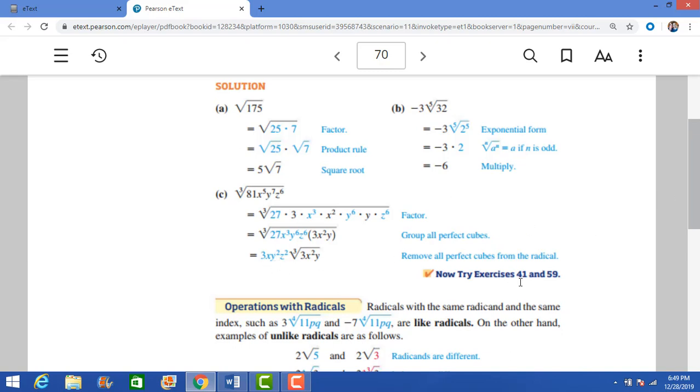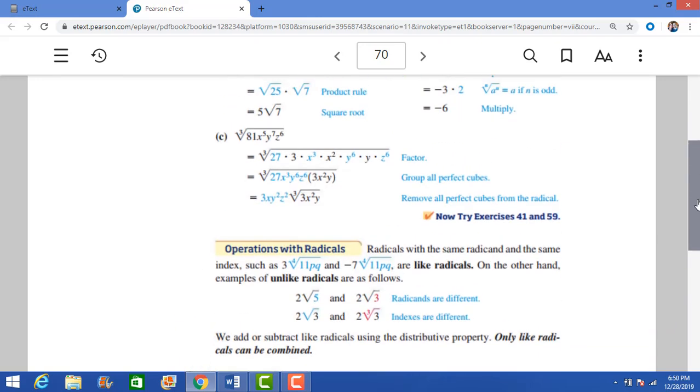So try these exercises for more practice. Now, operations with radicals. Radicals with the same radicand and the same index, such as these two, are what we call like radicals. On the other hand, examples of unlike radicals are as follows.